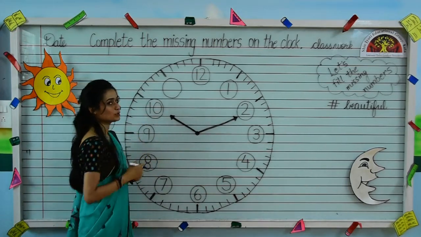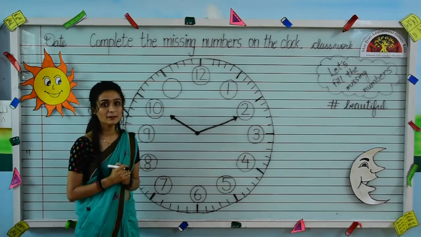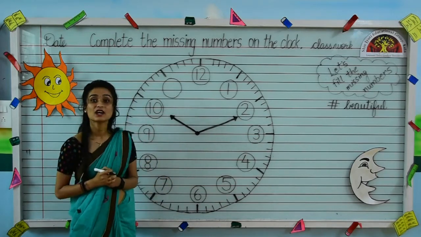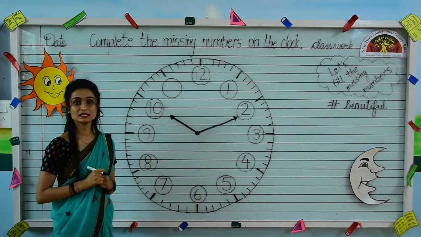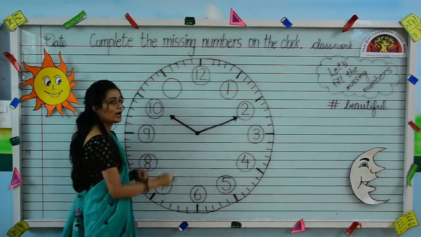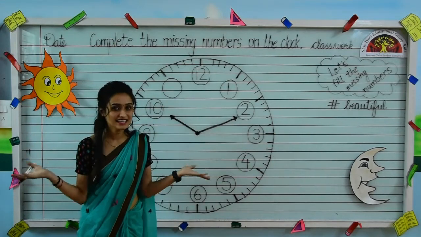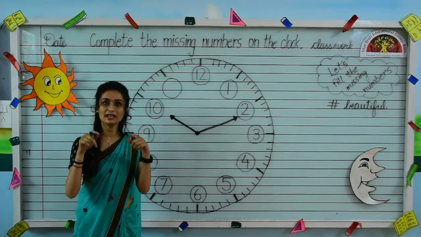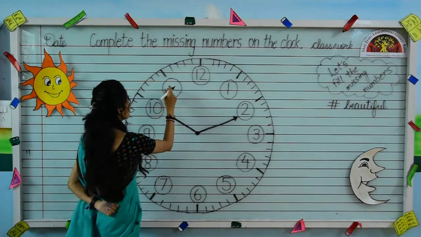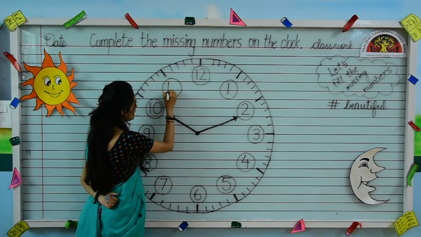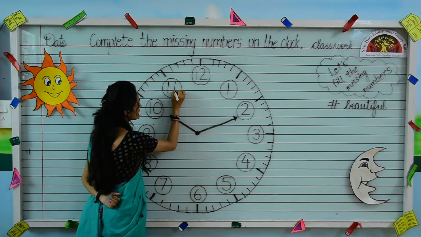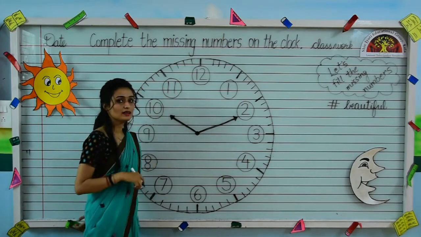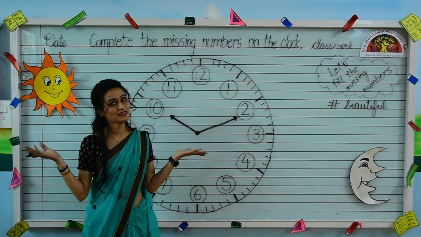So, after 10, which number will come? Think. Yes, you are right. After 10, we will write 1, 1, 11. One standing line. Again one standing line. This will make an 11.